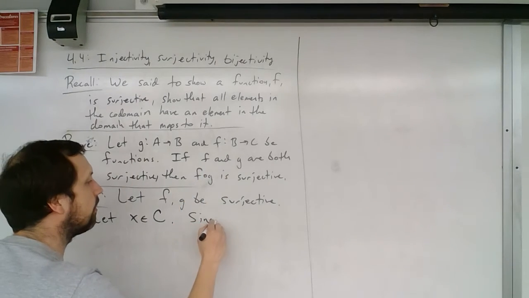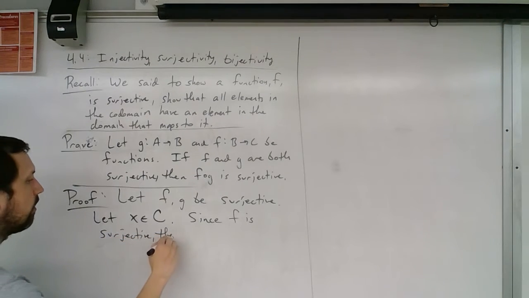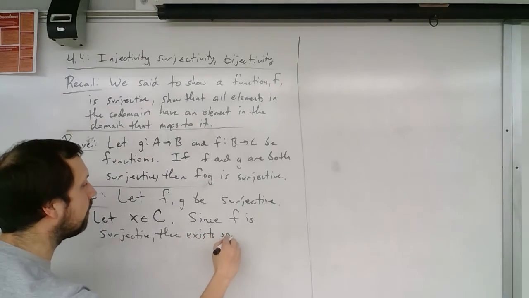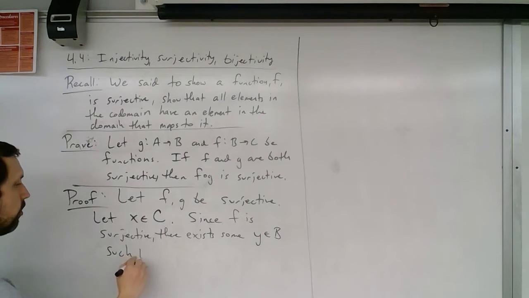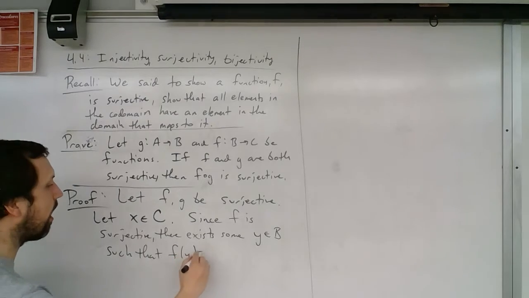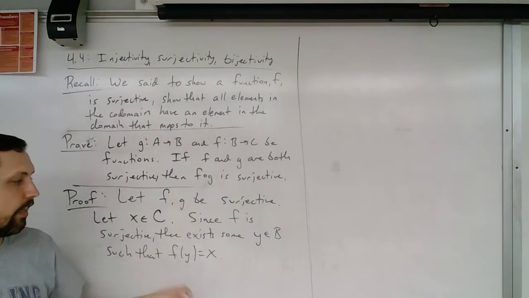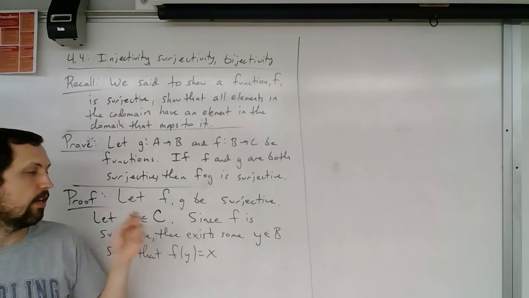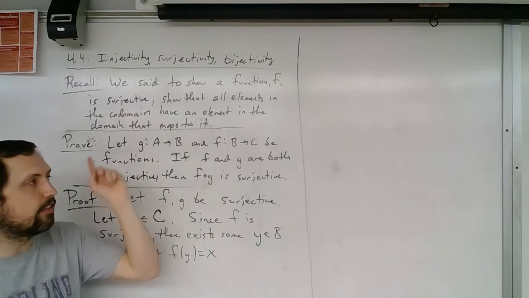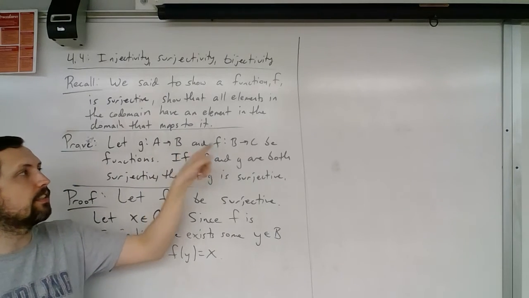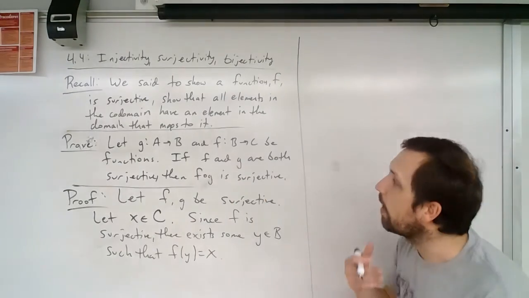So since F is surjective, there exists some, say, Y that's in B such that F of Y is equal to X. Great, so now we know that there is something in B that gets mapped to X. Now we're trying to work all the way back, so we're trying to get to A. But great news here is that since this is a well-defined composition, the codomain of G is the same as the domain of F, which is B. So now we can use that to help us get to the final step.